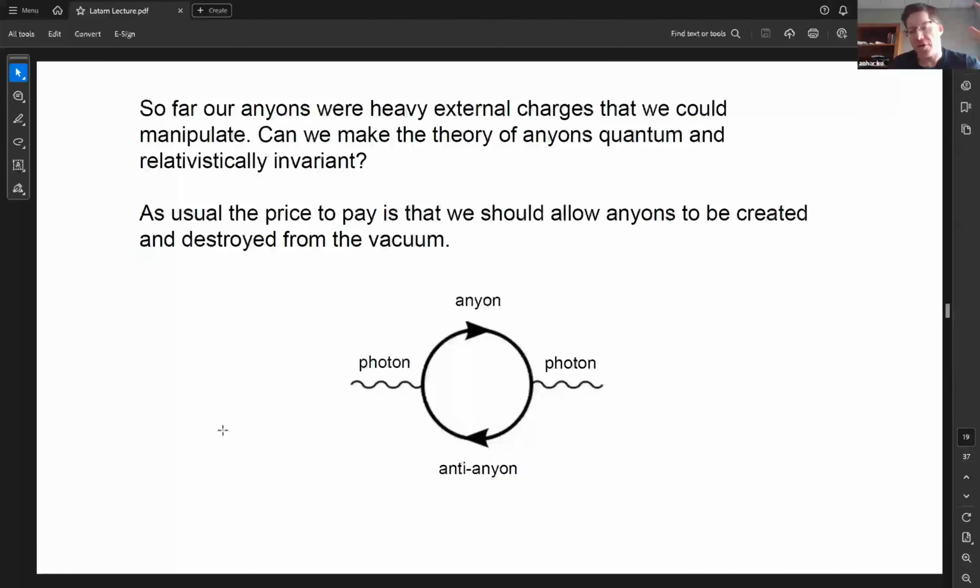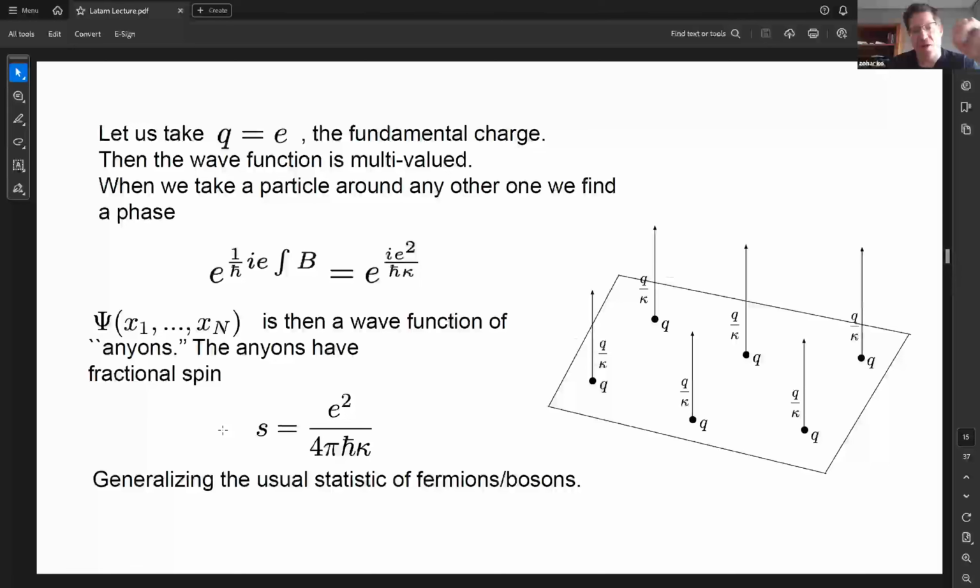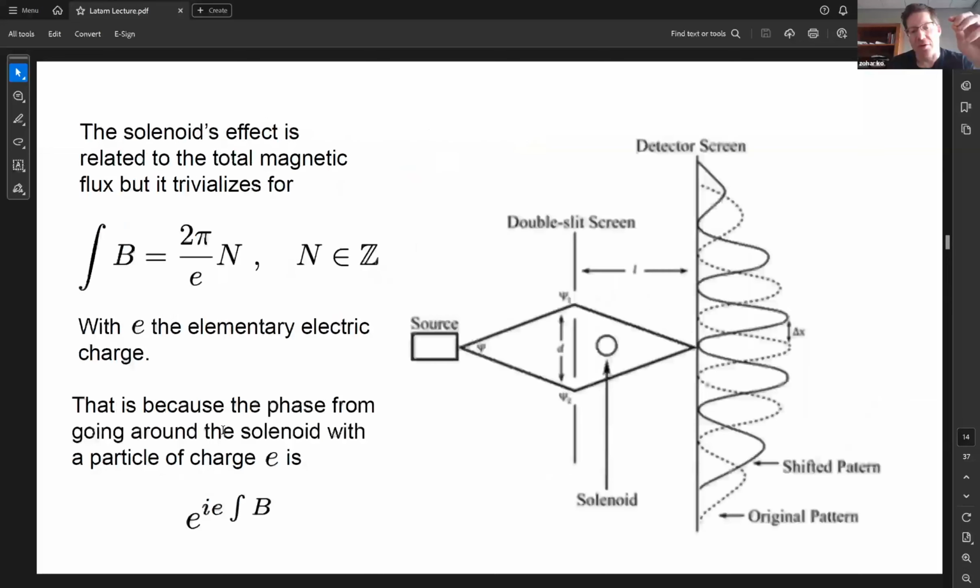A very interesting question is what happens if these anyons can be created from the vacuum? So this is a regime. More precisely, how do we make the theory of anyons quantum, but also relativistically invariant? If you go back in the slides, all these things that I told you used non-relativistic quantum mechanics of the Aharonov-Bohm flux.